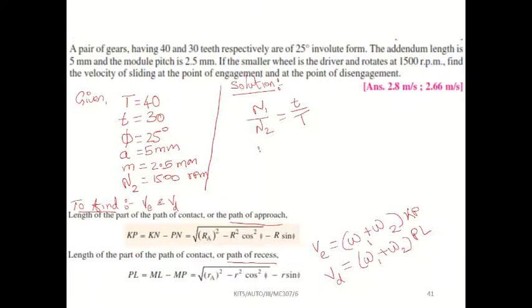So N1 by N2, where N2 value is 1500, equals 30 by 40.